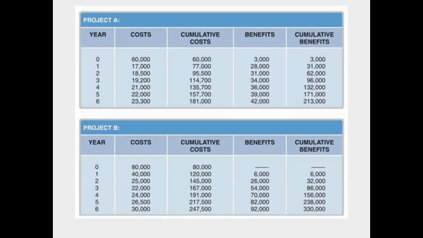Benefit will be 28,000. Year 2, cost will be 18,500. So we have 60 in the beginning. Then next year, 17,000. Next year, 18,500, 19,200. It goes on like this. Benefits. First year, you will get 3,000, then 28,000, 31,000, 34,000, and so on.